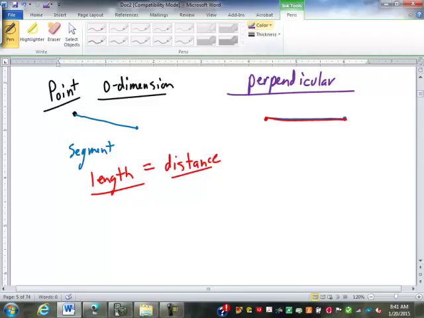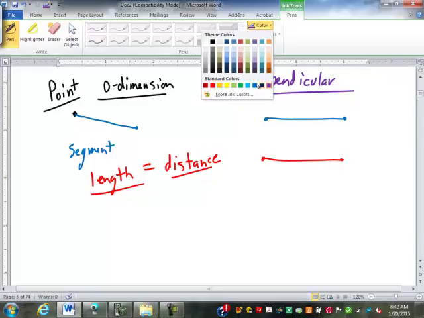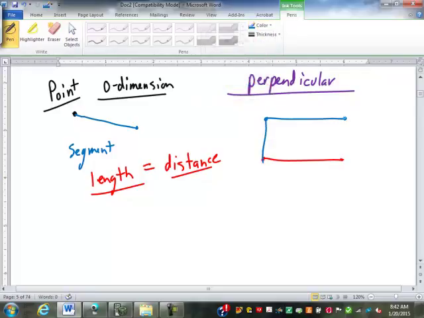So you have to move it perpendicular to the original direction that it was moved. So it might be straight down like this. And if you think of it as a stick in the sand, as you pull it, it'll trace out a rectangle.